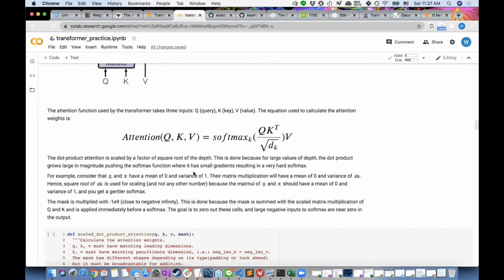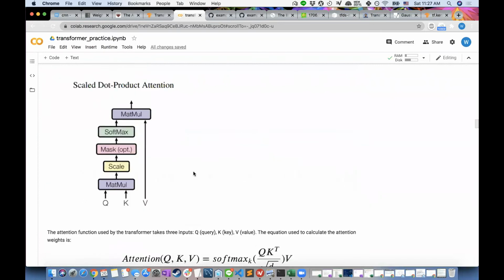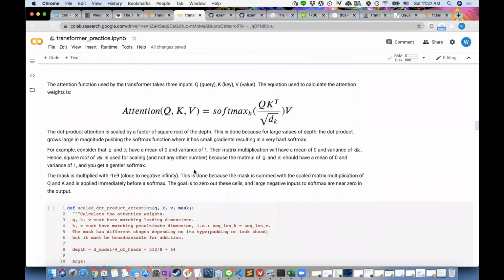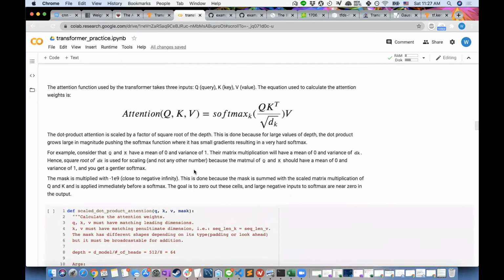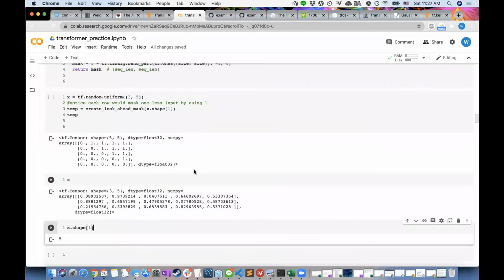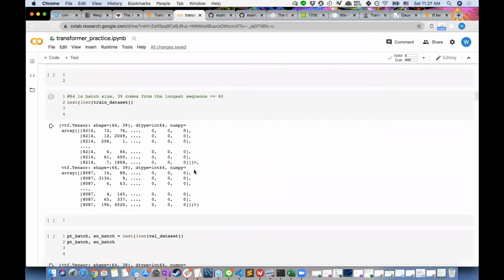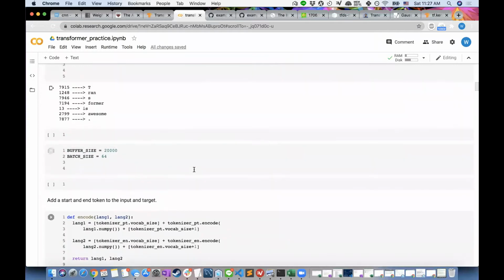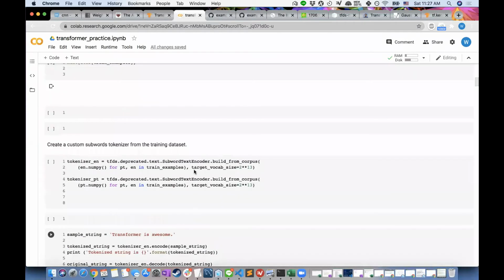Okay, scaled dot product attention. I guess we should probably spend a little more time on this in terms of the code. Let me just run through this. I didn't shift-enter through this, so let me run through this.